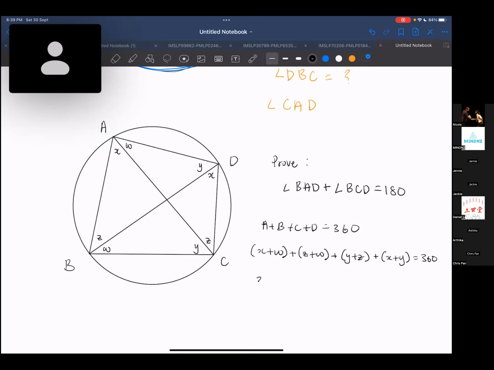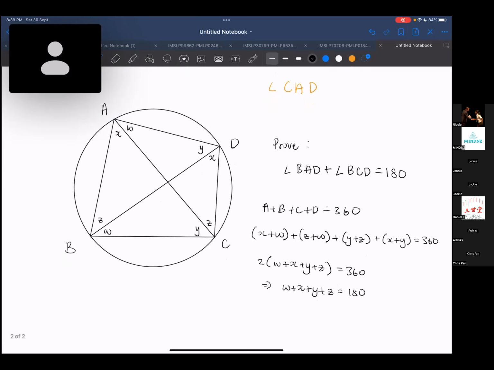Now, 2 times X plus Y, oh, I'm missing the W. 2 times W plus X plus Y plus Z equals 360. And if we divide both sides by 2, then we get W plus X plus Y plus Z equals 180.